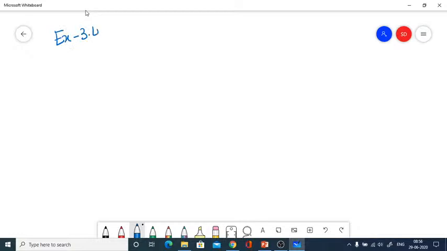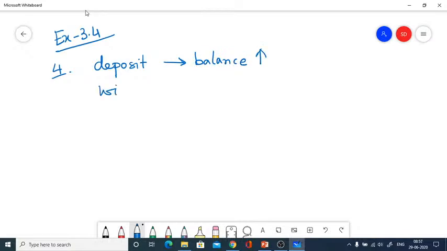Exercise 3.4, question number 4. Reshmi deposited. Deposit means your balance increases. When you deposit, your balance increases, and when you withdraw, your bank balance decreases.